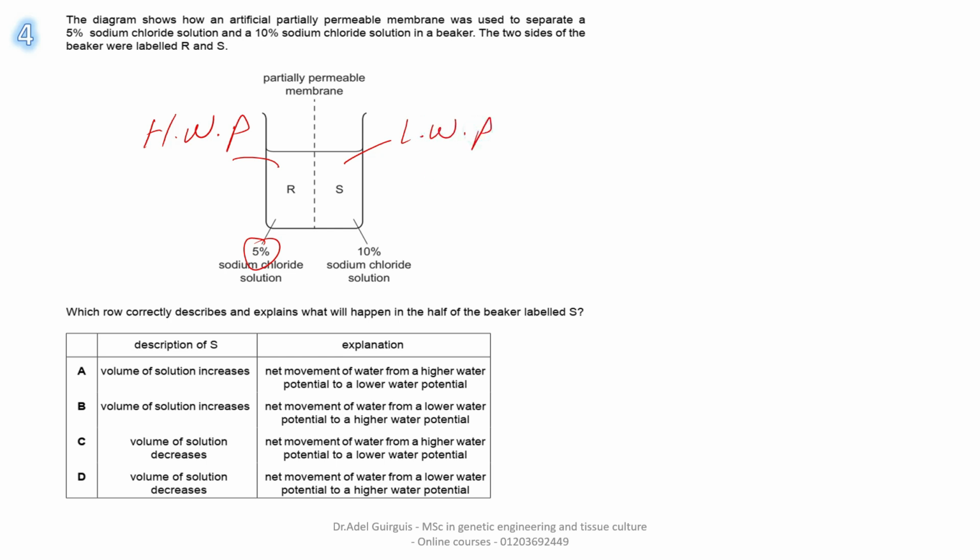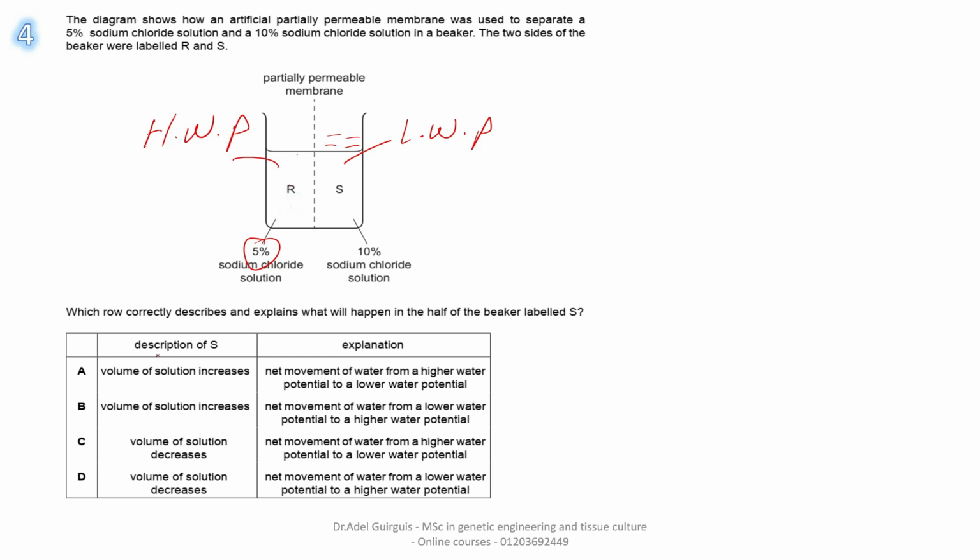Look at the osmosis, but before the figure, look at the table and the question. Which row correctly describes and explains what will happen in the half of the beaker labeled S? After a while, as time progresses, what would happen to S? The solution level increases. What about the level or the volume of R?